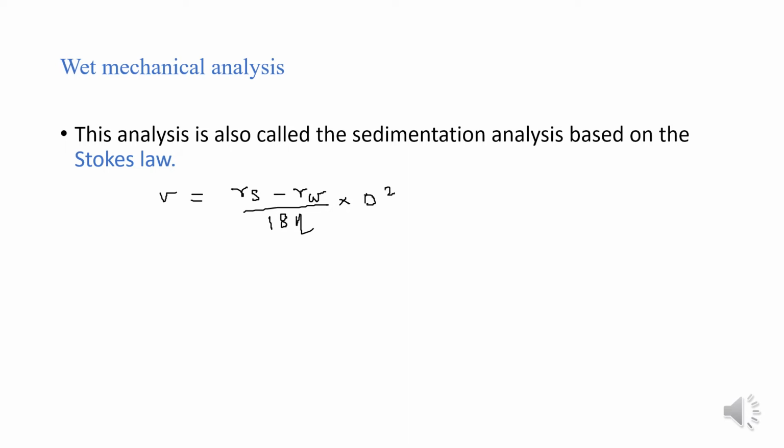From the relation we can see that a larger soil grain will settle faster in water, right? This fact is used in the hydrometer analysis or pipette analysis to obtain the grain size distribution of fine grain soil.